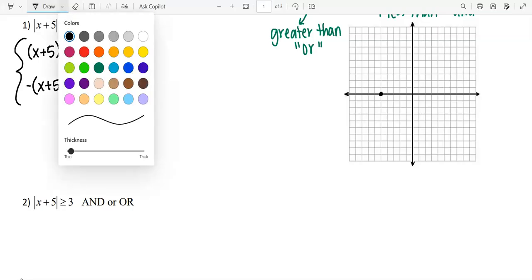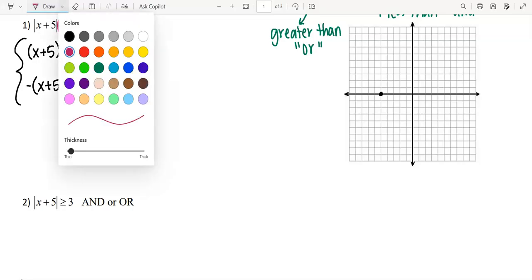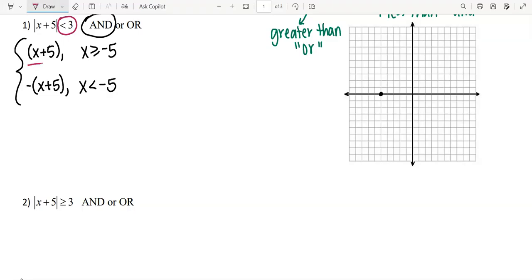Whatever is on the right side of your inequality is going to stay when you split this into your 2 different parts for piecewise. I'm going to state the domain first, x is greater than or equal to negative 5, with a colon and an underline, meaning I'm going to do this domain's work right here.